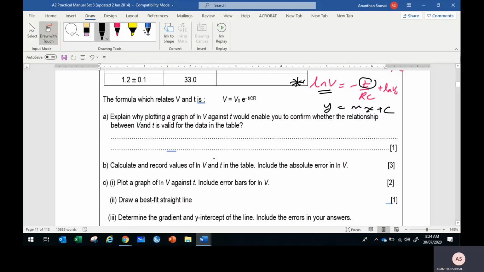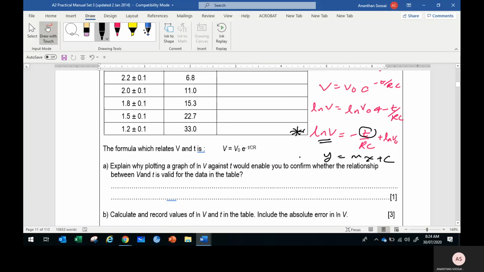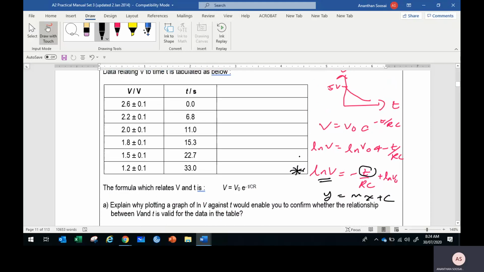You want ln V and t. t is already there, so ln V and the change of ln V are needed. Only one column is provided, so you put ln V plus minus the change of ln V together.